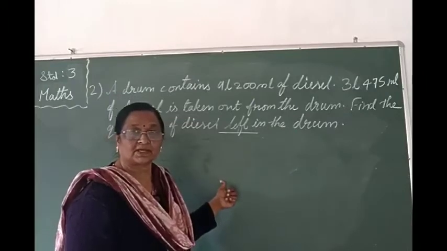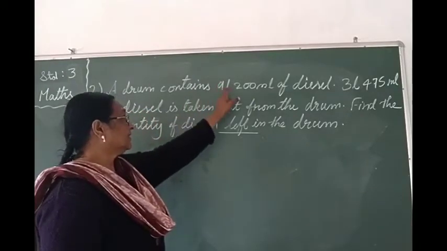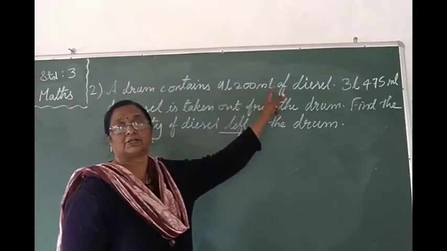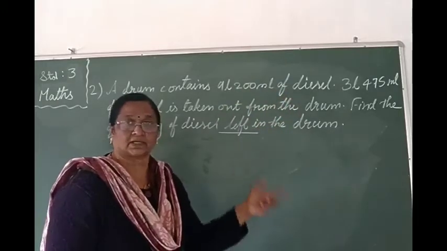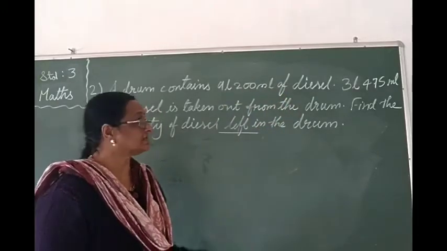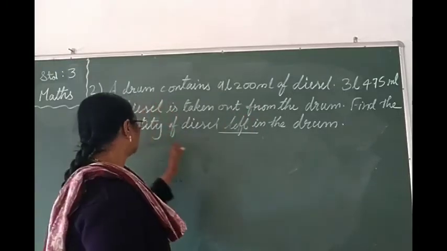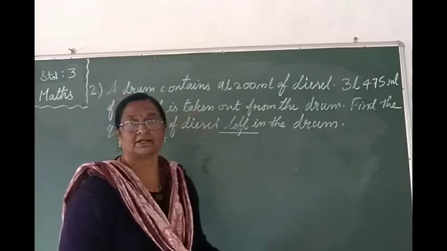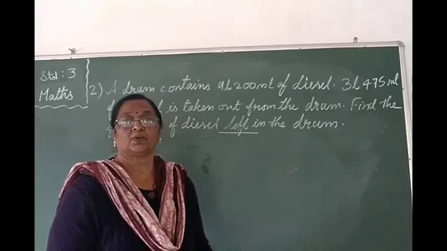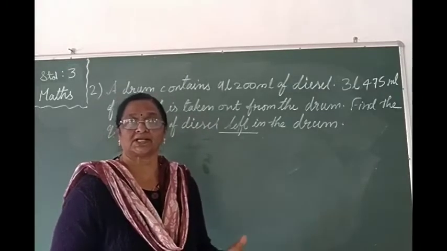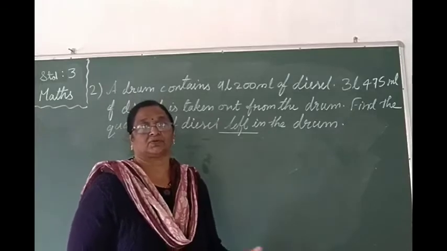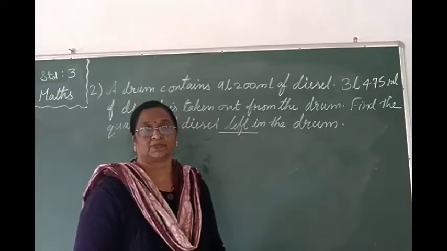What does the question say? In a drum, 9 liters 200 milliliters of diesel was there. From that, 3 liters 475 milliliters of diesel is taken out. Then what is the balance, or what is left in that drum?